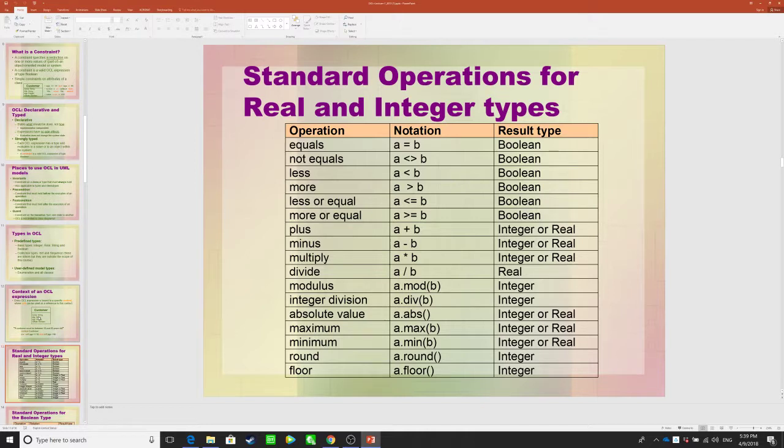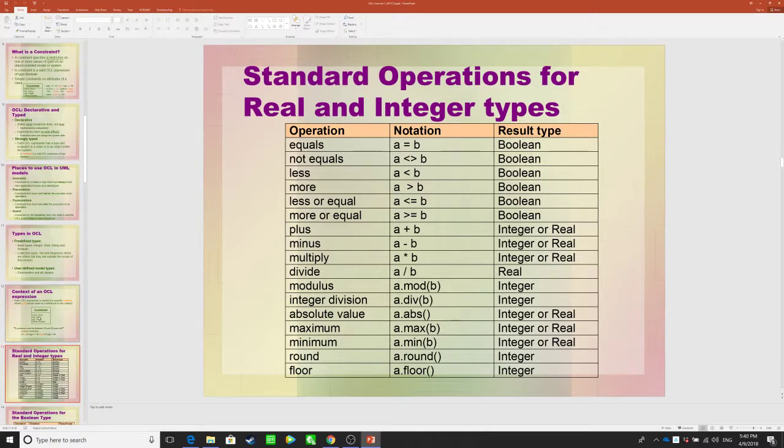Anyone do not understand this? Plus, minus, times, right? We all know that. Okay, and it returns different values for equal, greater, not equal, less. It returns Boolean. Makes sense? And for plus and minus, it returns an integer or real. Okay, but for divide, it only returns a real.